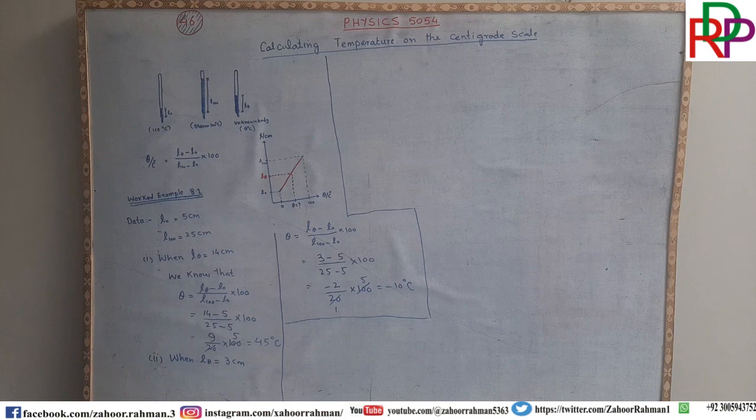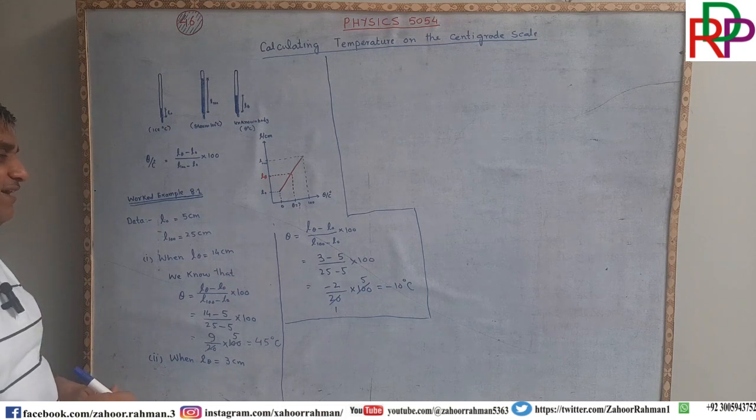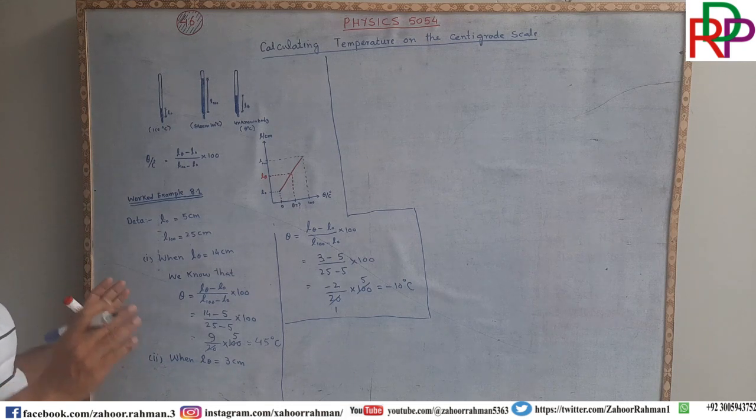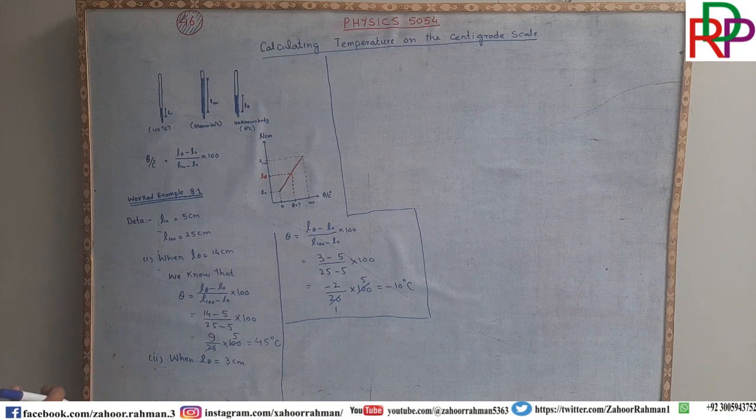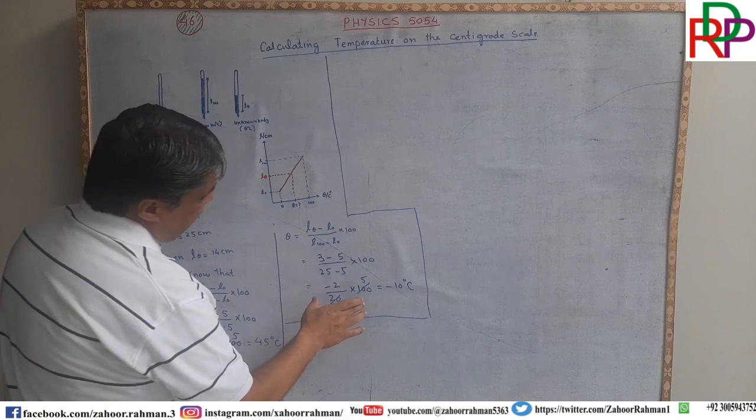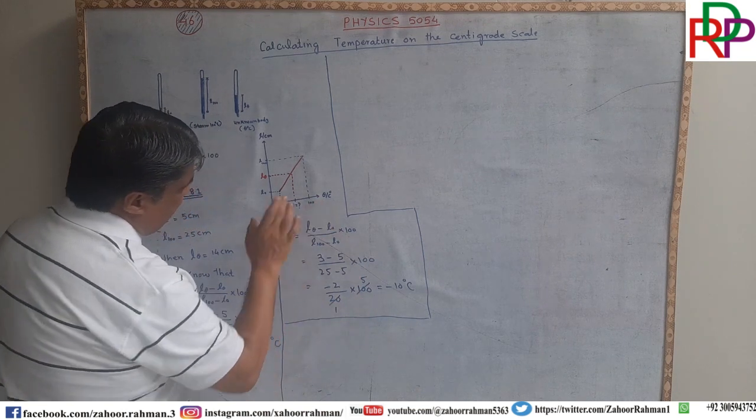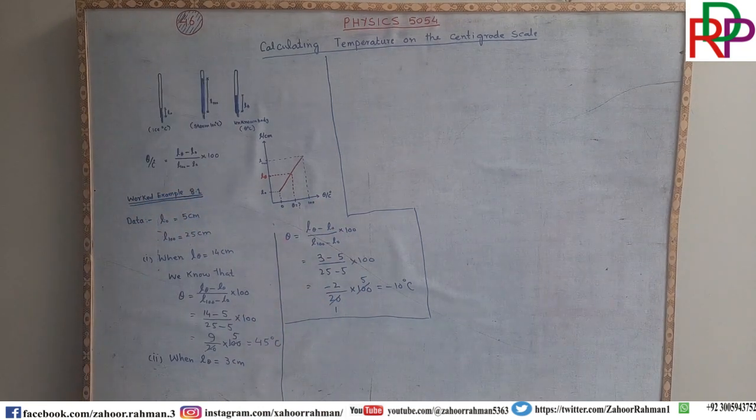Instead of measuring the volume of a fixed mass of mercury, we can use the length as well. We have to measure the length and then use this formula. Okay, now let me extend this topic to the graph as well.